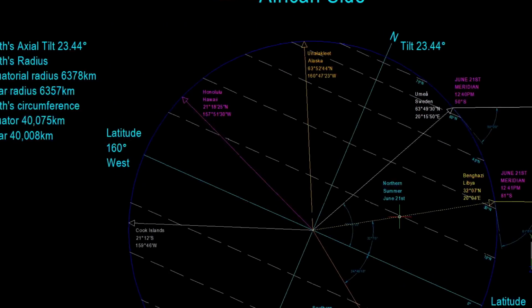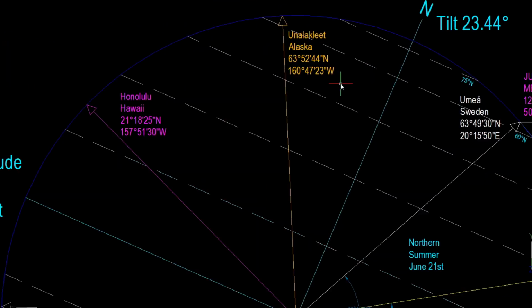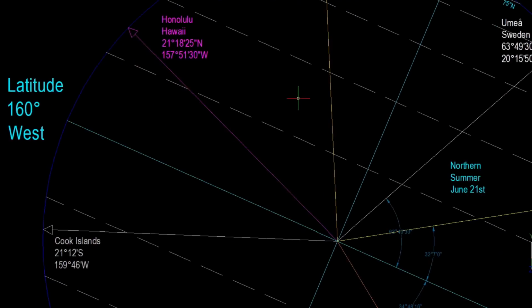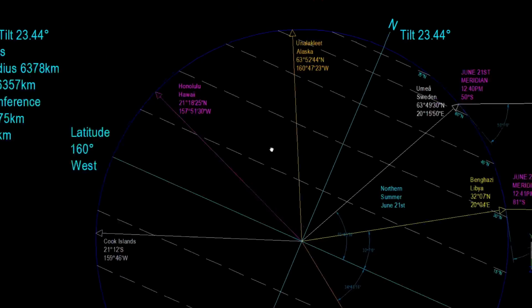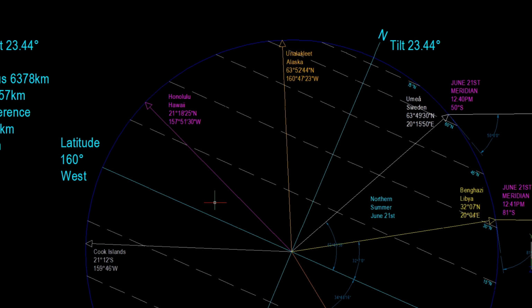And when you look on the opposite side, we've got this, I don't know how to say this one, Unalakleet, and Honolulu, and Cook Islands. So that's in Alaska, Hawaii, and Cook Islands.